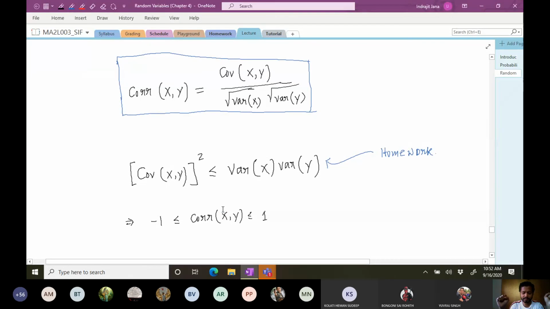If the correlation coefficient is close to 1, we say that they are highly dependent. If it is close to 0, we say that they are not so dependent. If it is close to -1, we say that they are inversely dependent, like one is increasing, the other is decreasing. So there is not that much difference between correlation coefficient and covariance. The only difference is that we are dividing it by the square root of the variances.